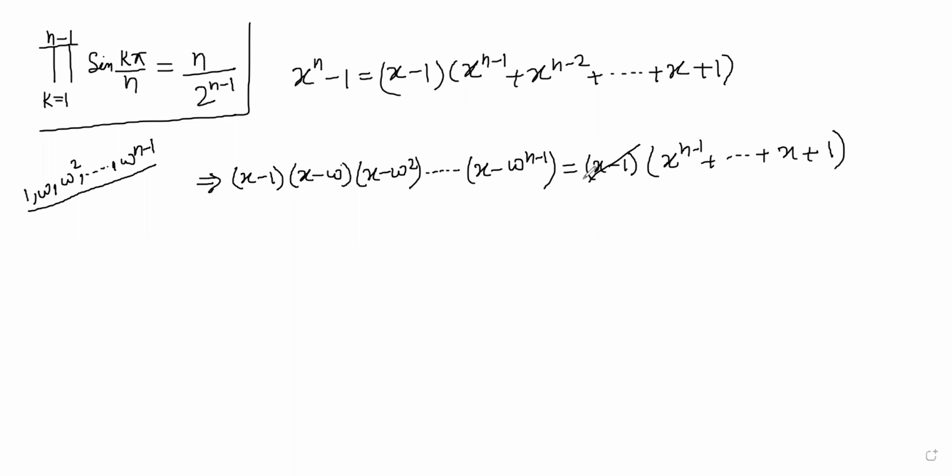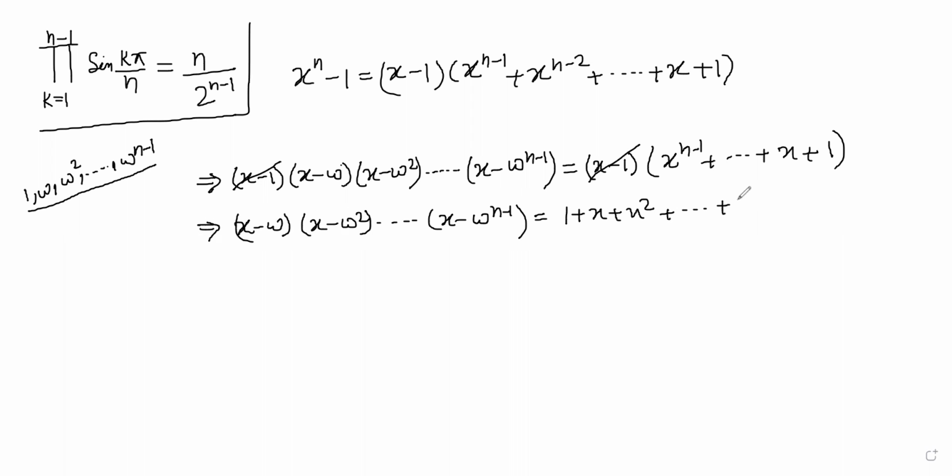So x minus 1 gets cancelled from both sides, and now we will have x minus omega into x minus omega square, dot, up to x minus omega to the power n minus 1, and that equals 1 plus x plus x square plus dot plus x to the power n minus 1.